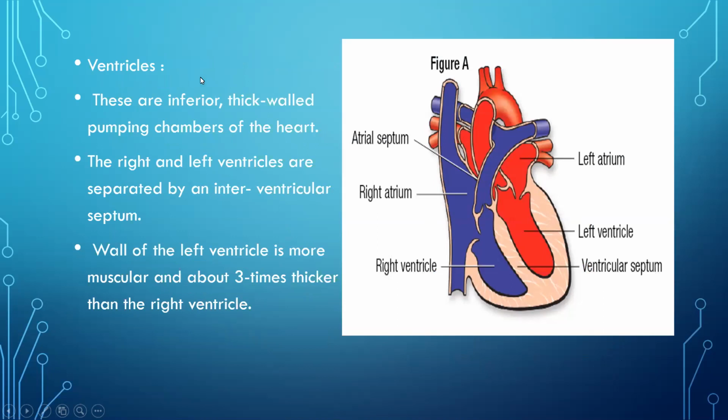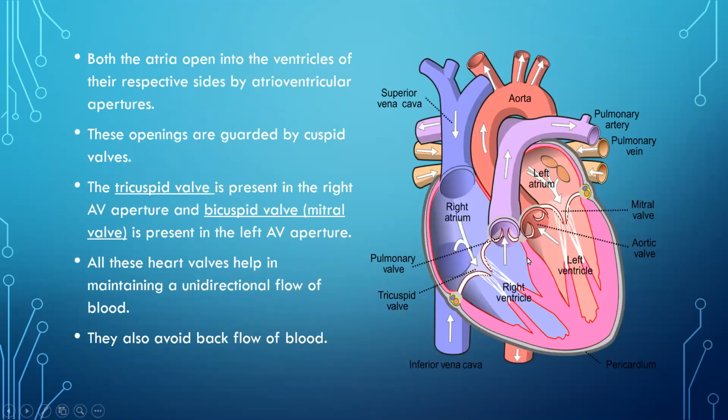Now next we are going to study the ventricles. Ventricles are the lower chambers of the heart. You can see these are the ventricles. They are also called the pumping chambers of the heart.